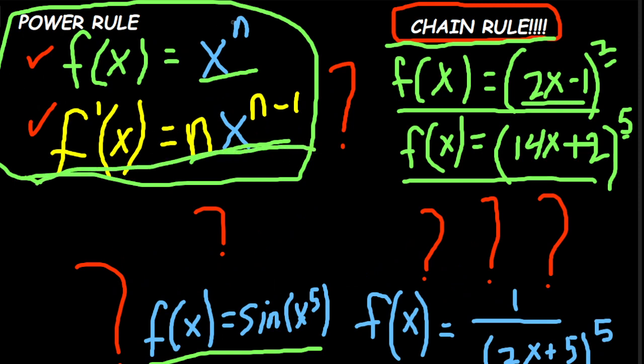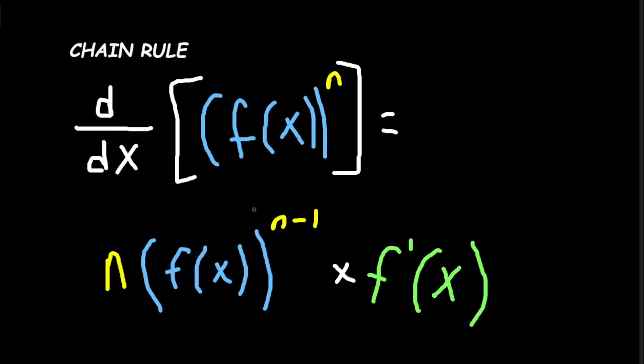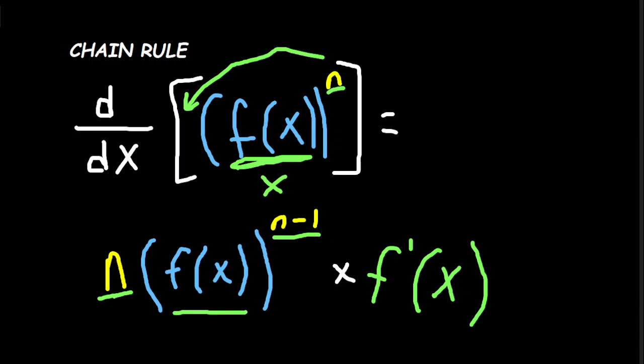With the power rule, we bring the n out front and subtract 1. We do the same thing for this. Bring the n out front, except this time on the inside there's a function instead of just an x. So we bring the n exponent over, subtract 1 from the existing exponent, and then we leave the function that we have in here.